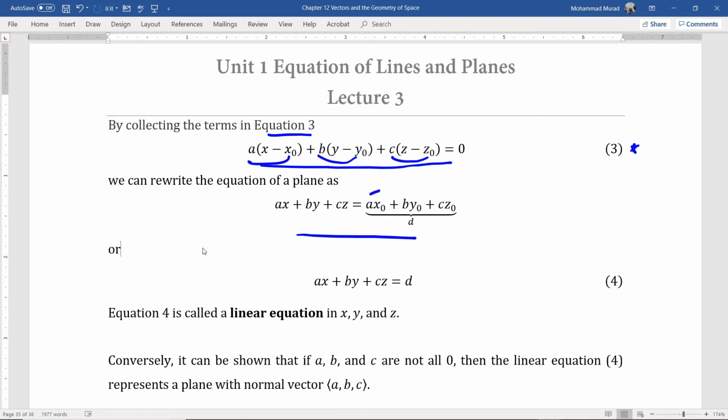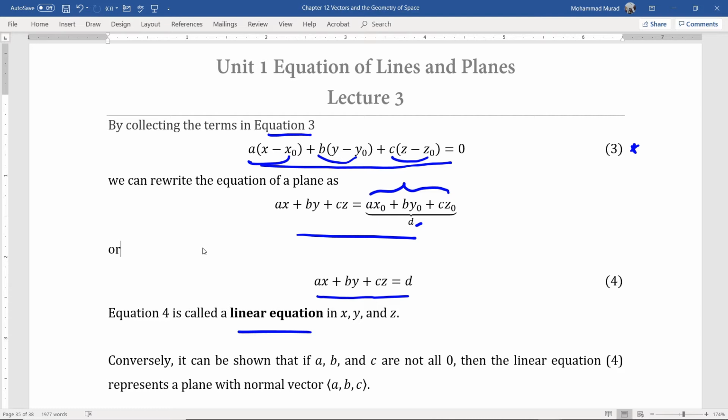And this is particularly a constant. So we name it d. So the equation becomes ax plus by plus cz equals d. This equation is called a linear equation in x, y, and z.